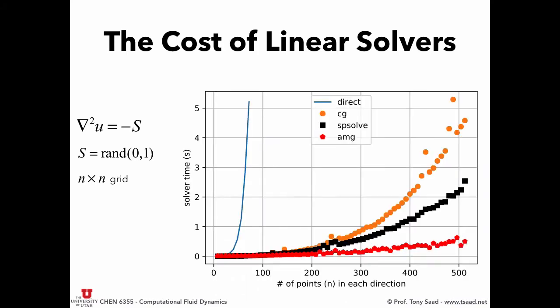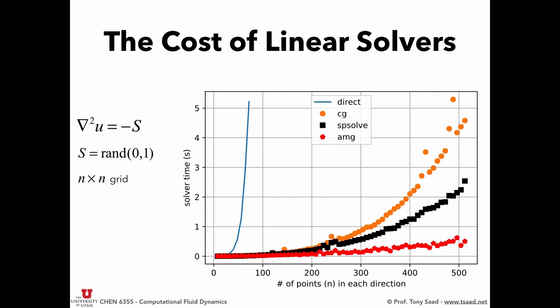This is a plot showing the time to solution versus the number of grid points in each direction. On the x-axis, we start with 16, 32, 100, 200, 300, 400, all the way to 512. Remember, this is an n by n grid, so this is 512 squared grid points.